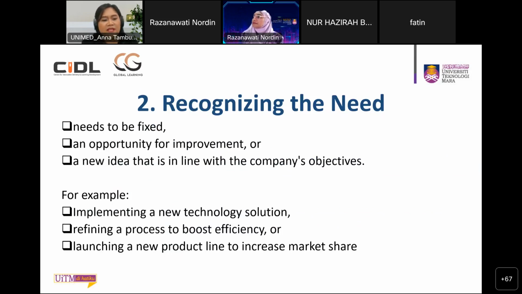Examples of needs that may warrant a proposal include implementing a new technology solution, refining a process to increase efficiency, or launching a new product line to expand market share. So it is critical to identify a need within the firm before crafting a proposal.